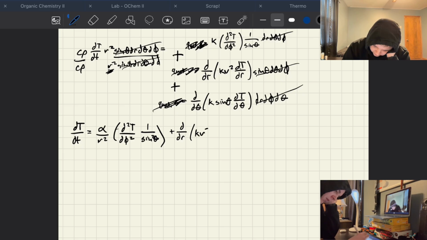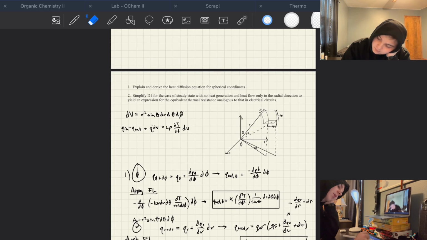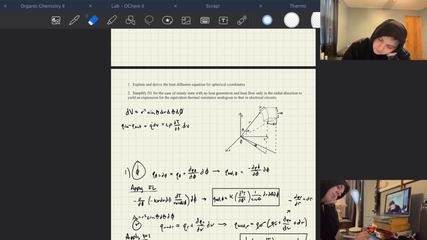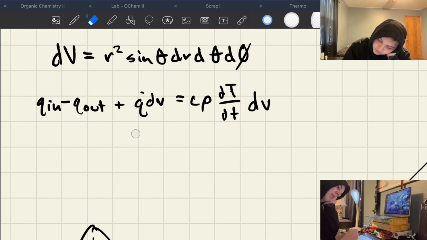I'm just writing from what's above right now, nothing special. And then we have to remember from above this value, our QdV.